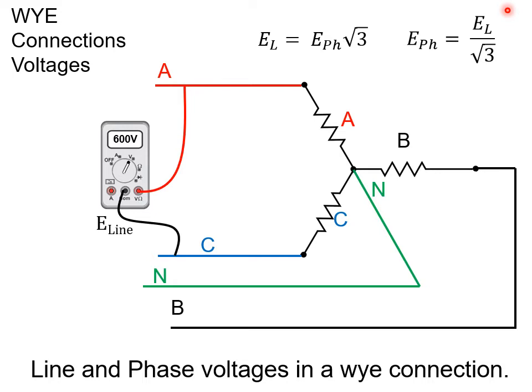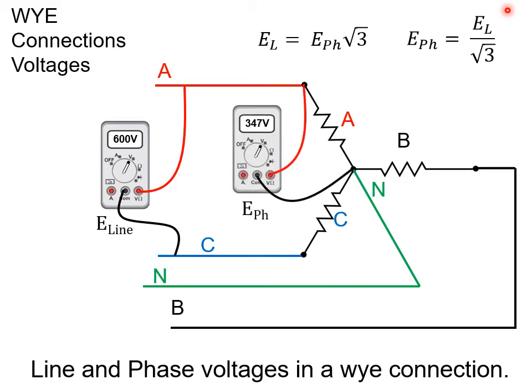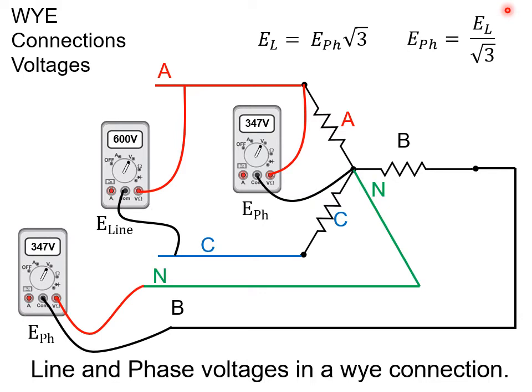So if we have a line value of 600 volts, if we take 600 volts and divide by root 3, we would get approximately 347 volts across our phase. So too, if we were to go across any one phase and multiply that by root 3, we would get back to our 600 volt line value.